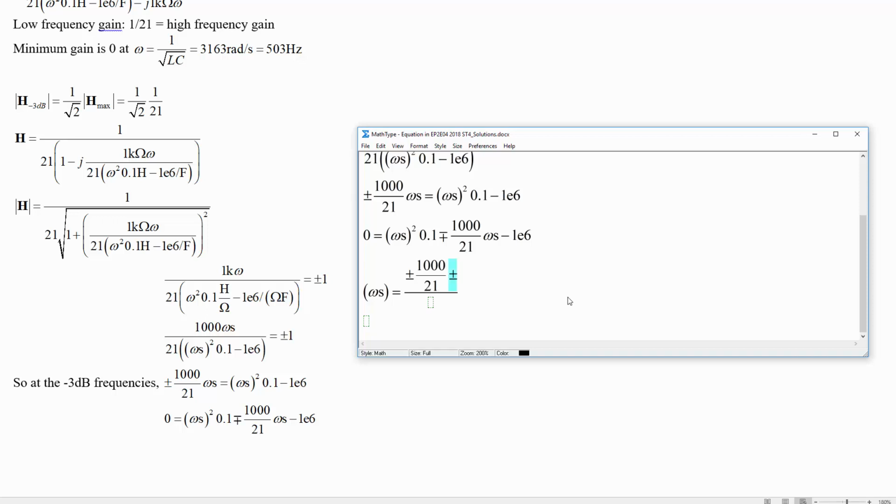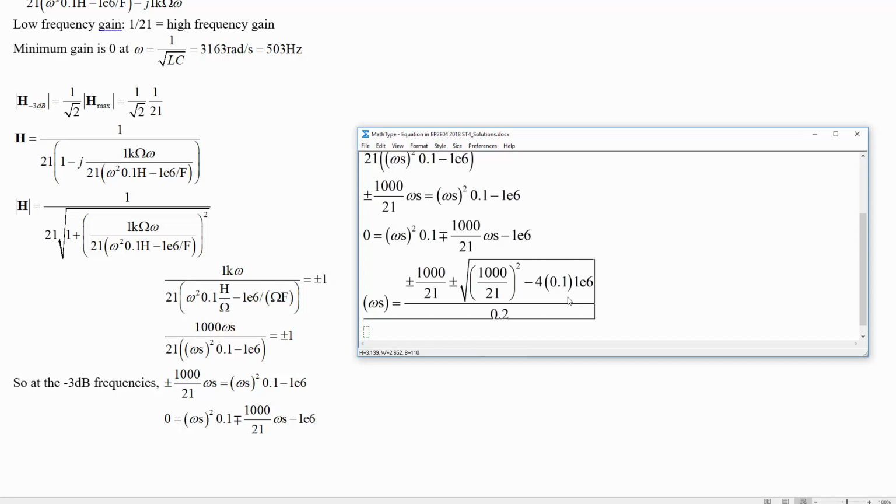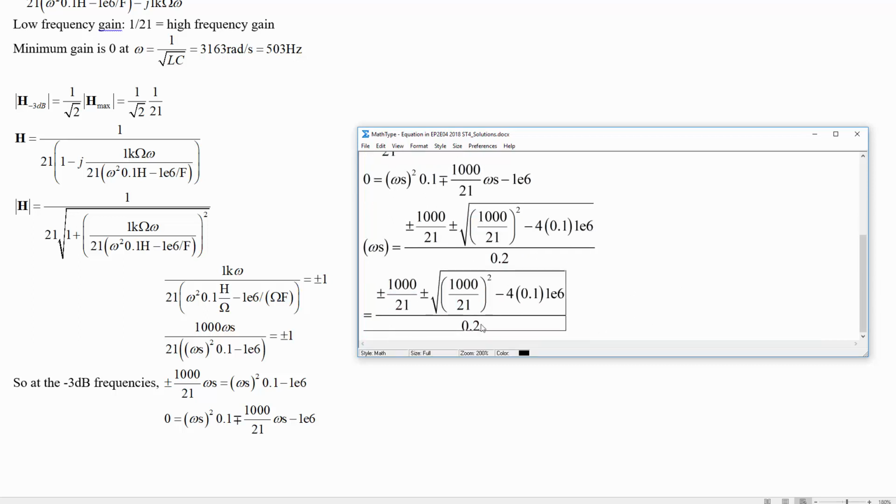Now a separate plus or minus, not to be confused with the first one, root of b squared, 1000 over 21, minus 4 times a, 0.1, times c, 1e6, divided by 2a, 0.2. Dividing by 0.2 is like multiplying by 5, so we can clean that part up from the denominator.